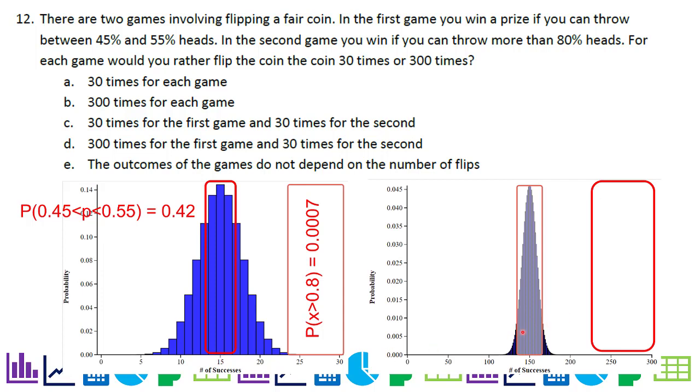For the first game, it's like a 92%, 93% chance of winning. But the probability you'll win the second game is almost 0. So you thought, oh, that was small, this is even smaller. So you don't want to play the second game with 300 flips, you'd rather play it with 30. And you'd rather play the first game where you want to be in the center with 300 flips.